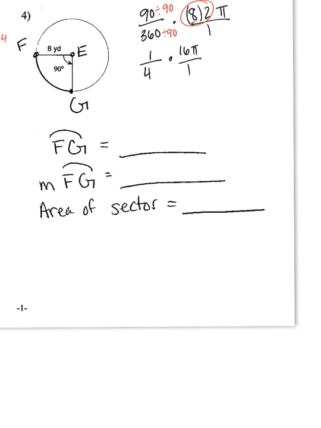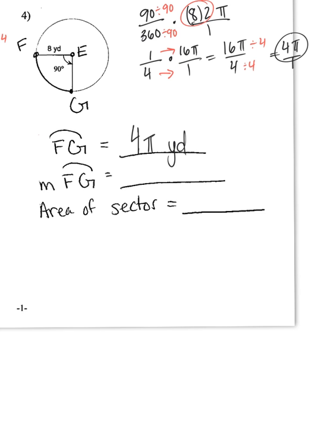If I multiply straight across, I have 16 pi over 4. But of course, I can divide both of those numbers by 4. And I have 4 pi over 1, or just 4 pi yards in this case.